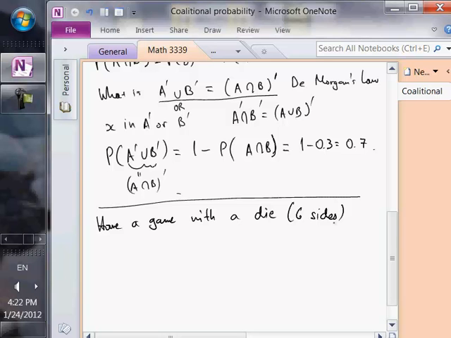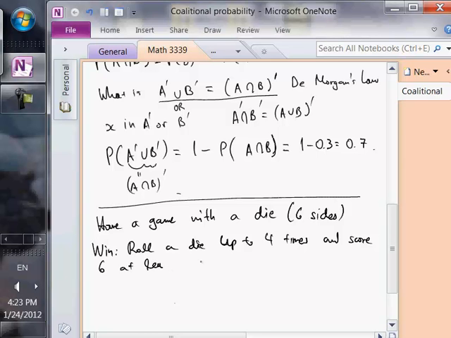So you win. Here's the rule of winning. Roll a die up to 4 times, and score a 6. So you roll it up to 4 times, but you win once you score a 6.